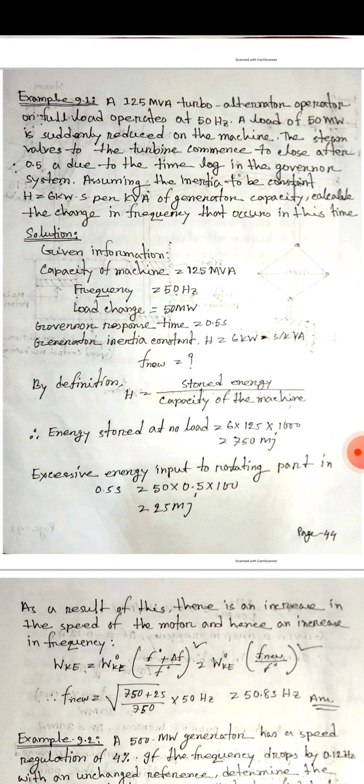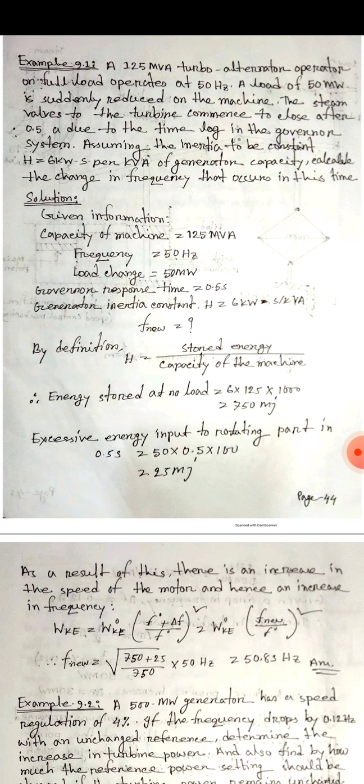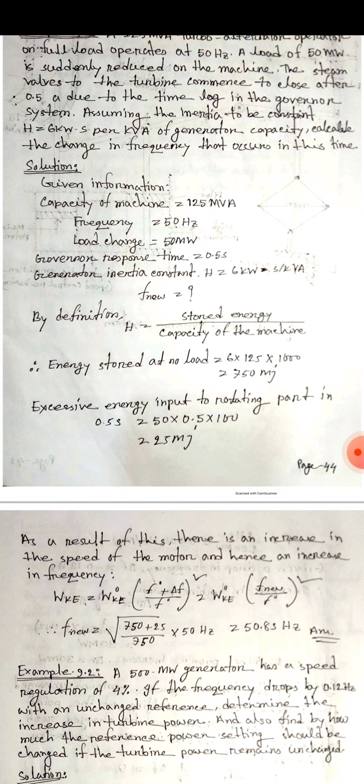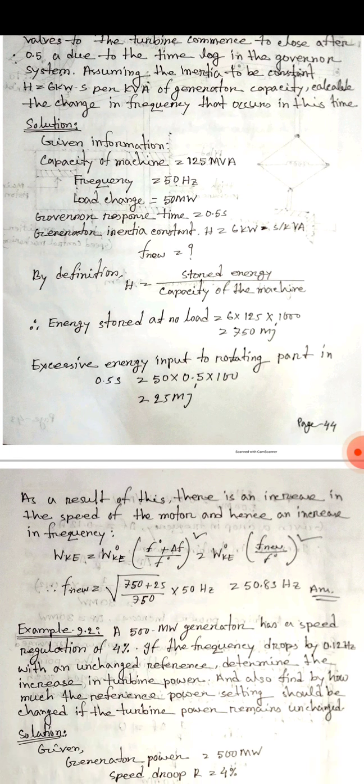We know the generator inertia constant is equal to stored energy divided by capacity of machine.